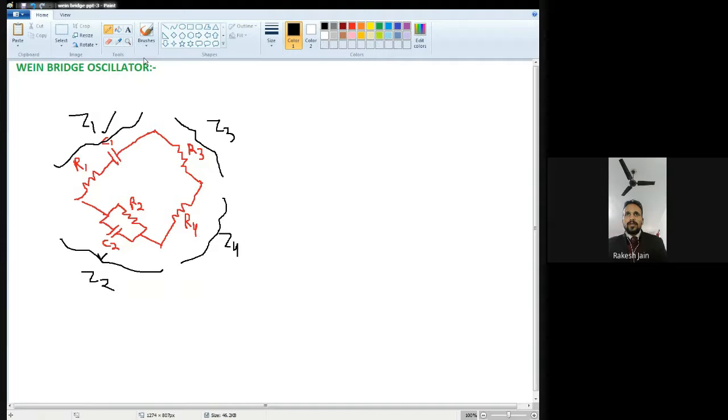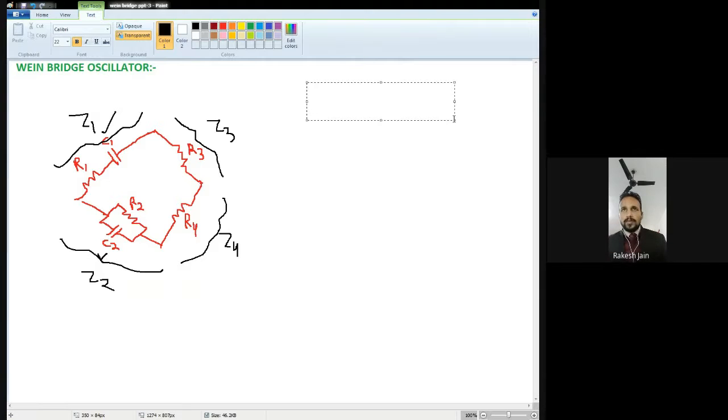So from the balance condition of a Wheatstone bridge, we can say that Z1 multiplied by Z4, the opposite arm impedance multiplication, must be equal to the remaining opposite arm impedance multiplication, that is Z3 Z2, or we can say Z2 Z3.